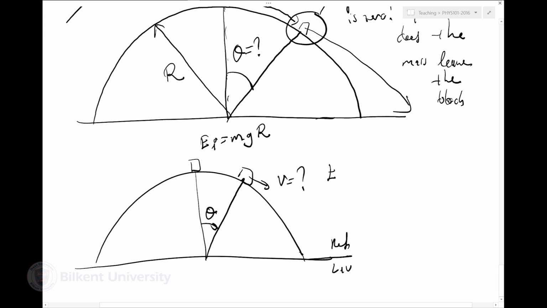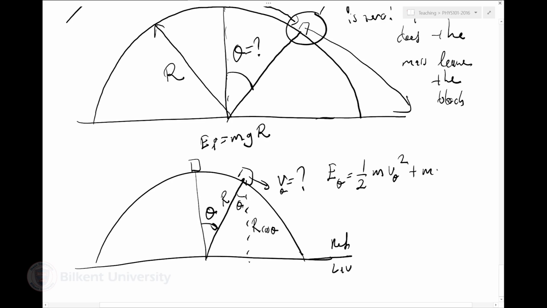How about energy at an angle theta? My kinetic energy will be 1/2 m v theta squared, and that's what I would like to find out, what this v theta is. How about my potential energy now? Potential energy is basically my height from the reference level. If the angle here is theta and this is radius r, this height is r cosine theta.